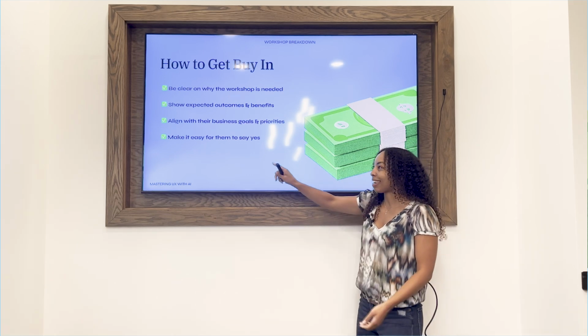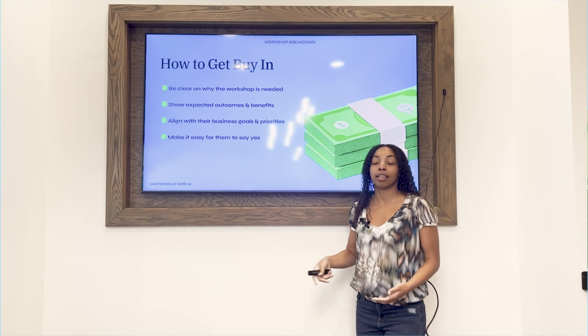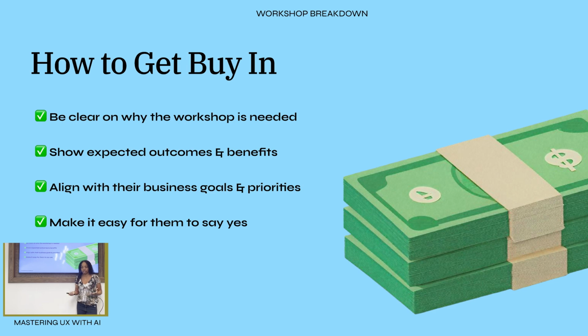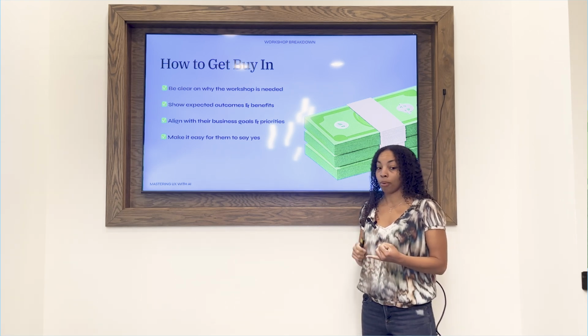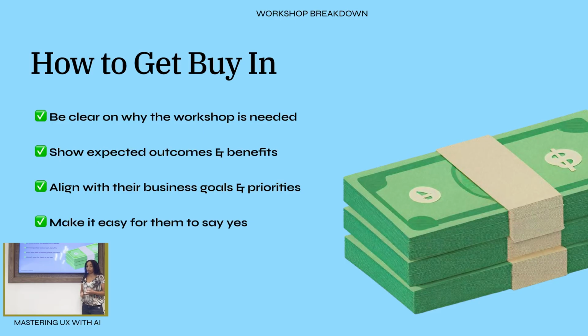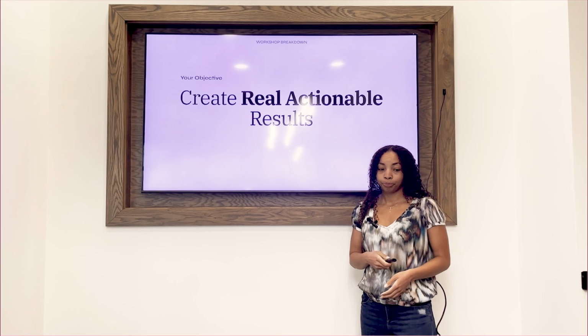And you need to make it easy for them to say yes. As long as you've done all of the things that we've talked about, it really should be a no-brainer to be able to go and get your client to buy into a workshop. As long as you know what problem you're solving, the objectives and outcomes, what they're going to get out of it, the structured agenda, and you're prepared, right?